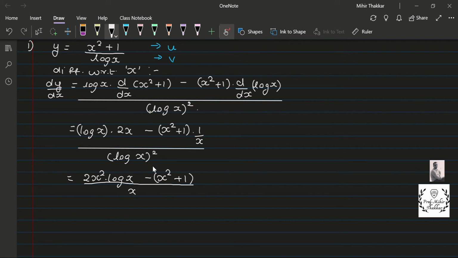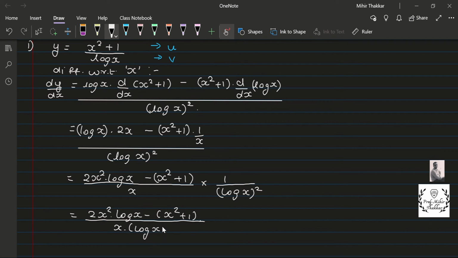And the denominator can be just written aside over here like this, 1 upon log x the whole square. Finally, I can combine both the terms by writing it 2x square log x minus x square plus 1 and whole upon x into log x the whole square. This is equal to dy by dx.